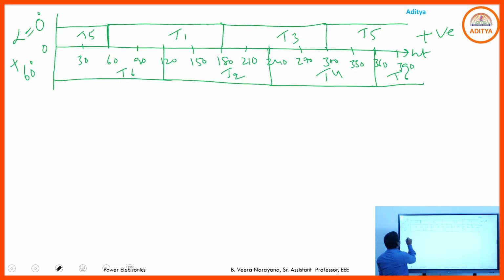Now, for alpha equal to 30 degrees, first we draw the timing diagram.